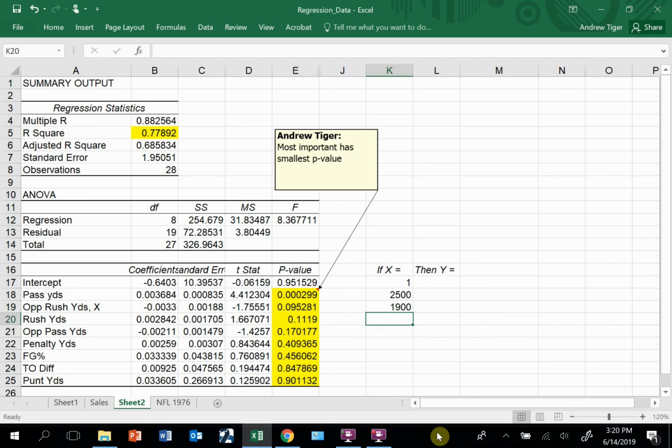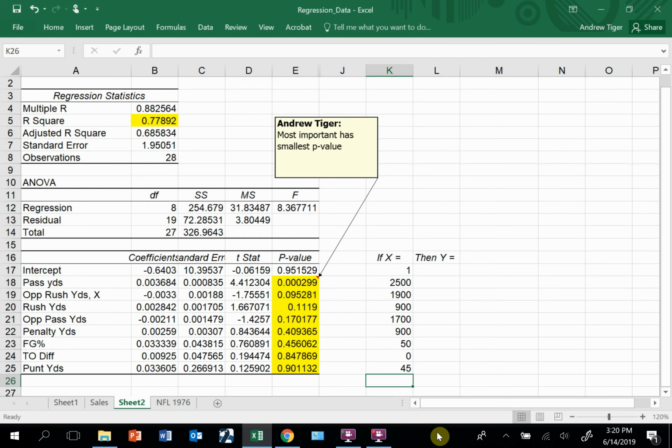I've got a running back who's going to run for 900 yards. My defense is going to limit them to 1,700 passing yards. My penalty yards per year will be about 900. My field goal percentage is 50%. My turnover differential will be about the same. And my punt yard average is 45 yards.